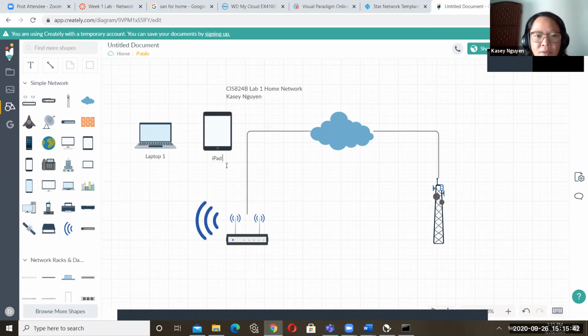iPad 1. Now, most companies would decide system names in a theme or a scheme, mainly for identification purposes.